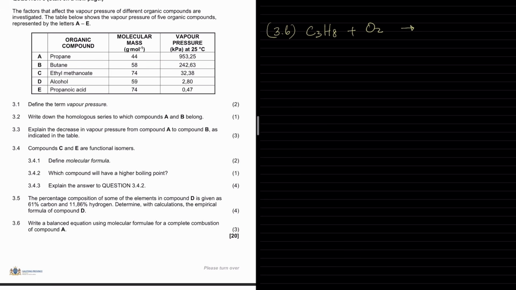And since it's an organic compound with carbons and hydrogens, you're going to get CO2 plus H2O. Now, to balance, we'll balance the carbons first, so I'll put a 3 here. Next, I'll balance the hydrogens, so I'll put a 4 here. And then last, I'll balance the oxygens. There's 2 on this side, there's 6, 10 on that side, so I'll put a 5 here, and so everything then should be balanced.